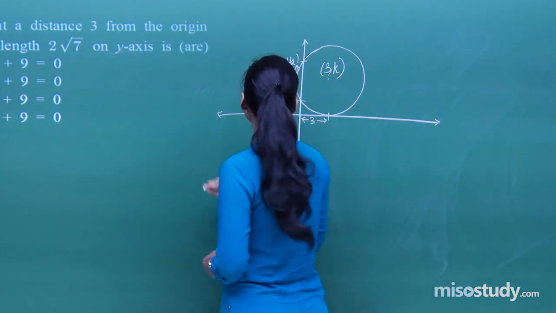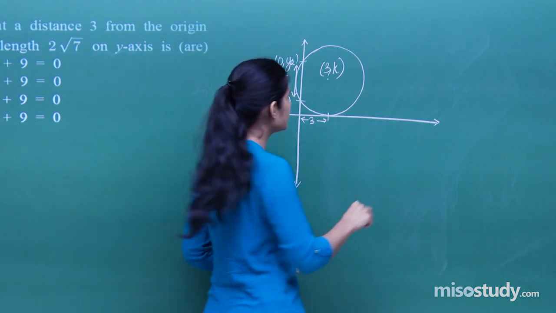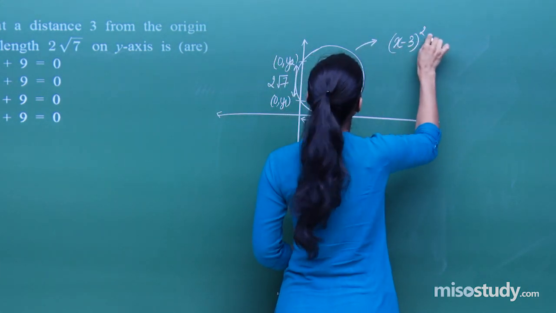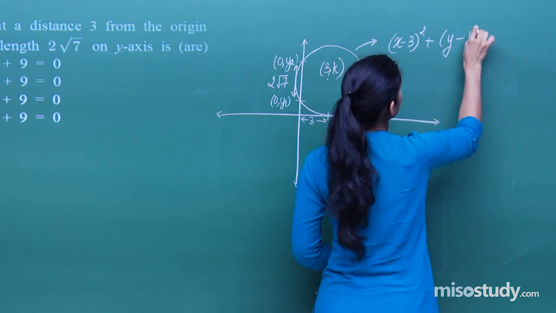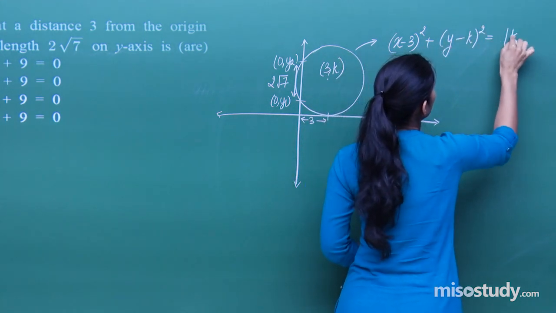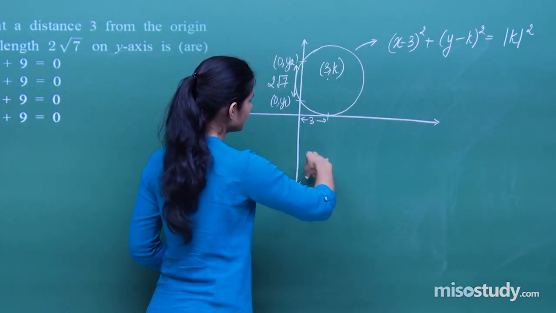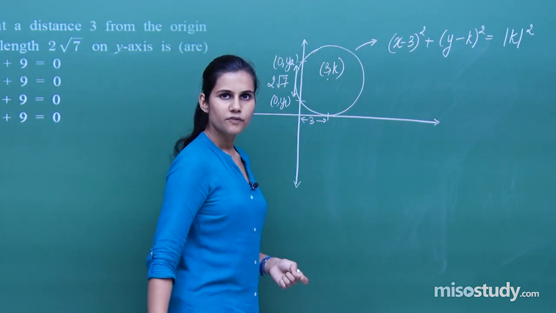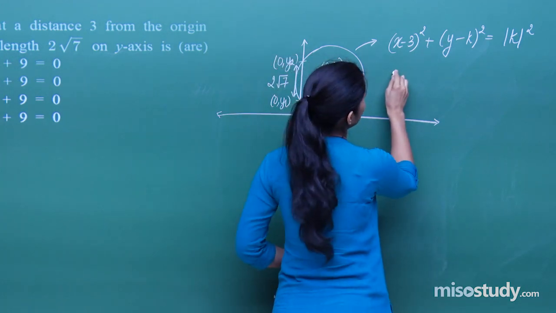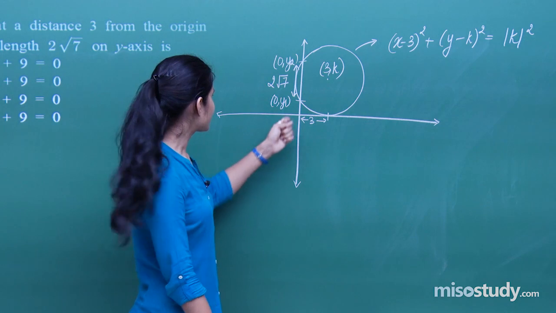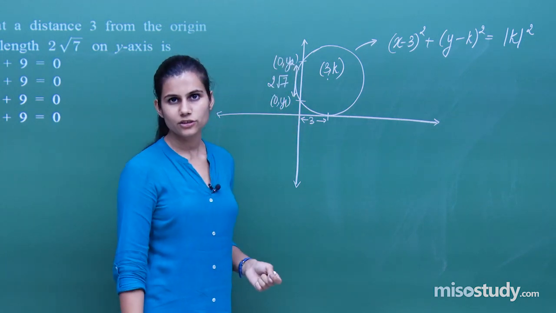Fine. Now, if (3, k) is the center, the equation of this circle is (x − 3)² + (y − k)² = |k|². Right? I can get the same circle like this. So here, this particular circle is basically cutting the y-axis at (0, y1) and (0, y2).